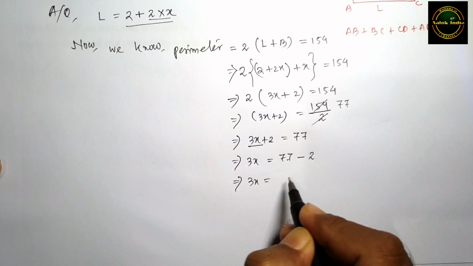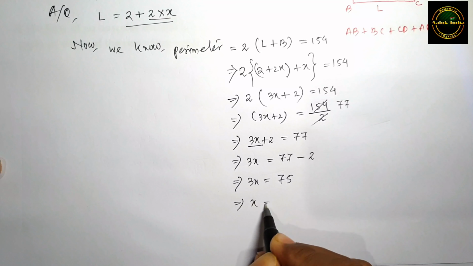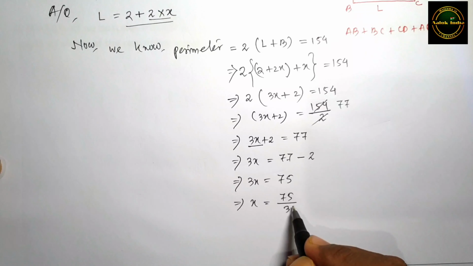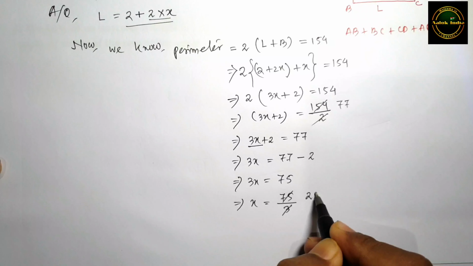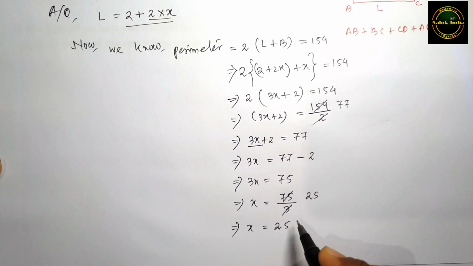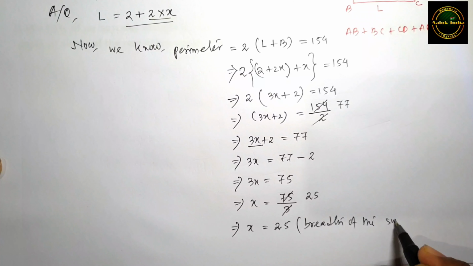So 3x is equal to 75. Ultimately x becomes 75 divided by 3. If we cancel it, 3 times 25 is 75. So ultimately we got the value of x is 25, which is nothing but the breadth of the swimming pool.